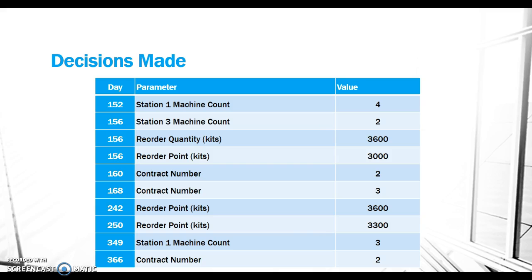Then on day 160 we changed to contract number 2 and then changed it again to contract 3 on day 168. And then on day 242 we changed the reorder point to 3,600 and then back down to 3,300 on day 250. And then on day 349, we sold a machine at Station 1, and then we bumped down to contract 2 on day 366.